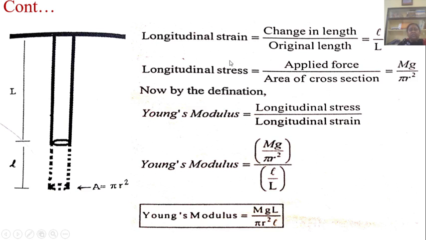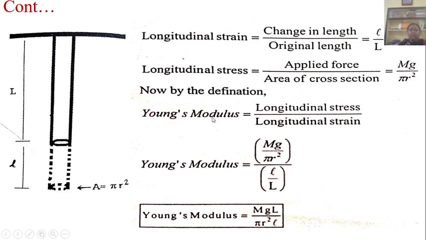Now, longitudinal stress equals applied force upon area of cross section. The applied force equals mass into acceleration. Here mass is capital M and g is the gravitational acceleration. So, M into g is the force, upon area of cross section. The area of cross section, as shown in the figure, A equals pi r square.